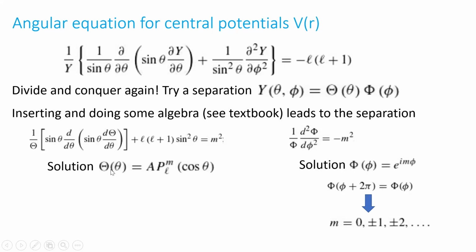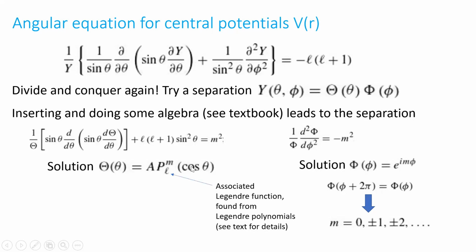The solution to this, as you can see, the equation is a little more involved, so it's a little more complicated. Capital Theta of theta is a normalization constant times a polynomial function, P_l^m. So it depends both on l, which was the first separation constant, and m, which was part of the second separation constant.